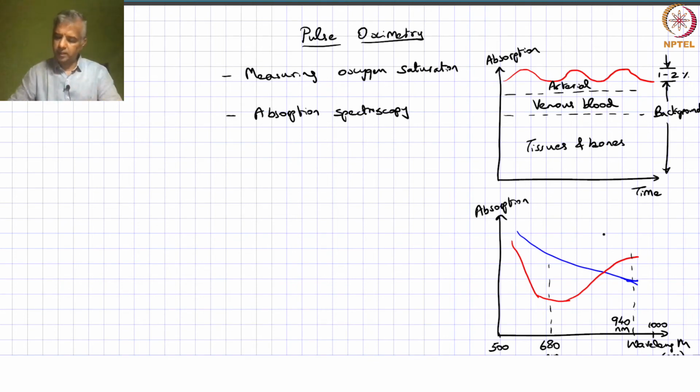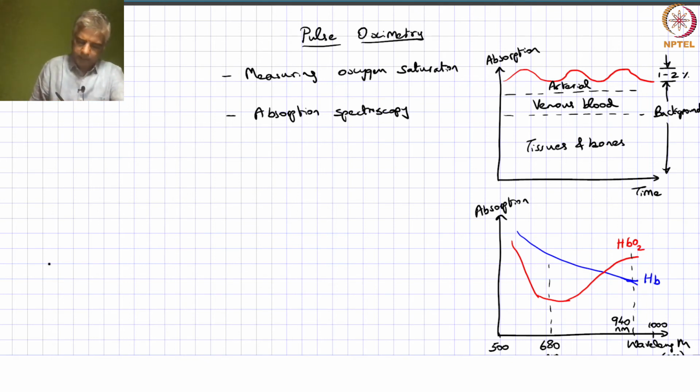So this is the hemoglobin with oxygen, HbO2, let me call that, and this is Hb by itself without oxygen. Okay. So you are looking at the relative absorption for these two wavelengths, and based on that you are trying to make an estimate of the oxygen saturation.